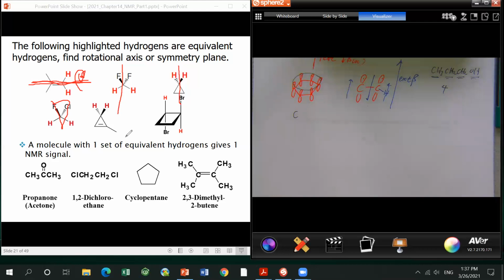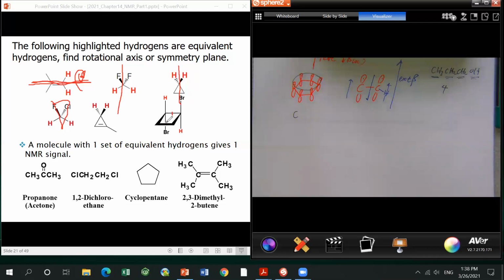And they are also related by the symmetry plane, passing through this triangle and this carbon, and then these two hydrogens have the same chemical shift. So here these two highlighted protons are related by a rotation axis. How do you determine the case?